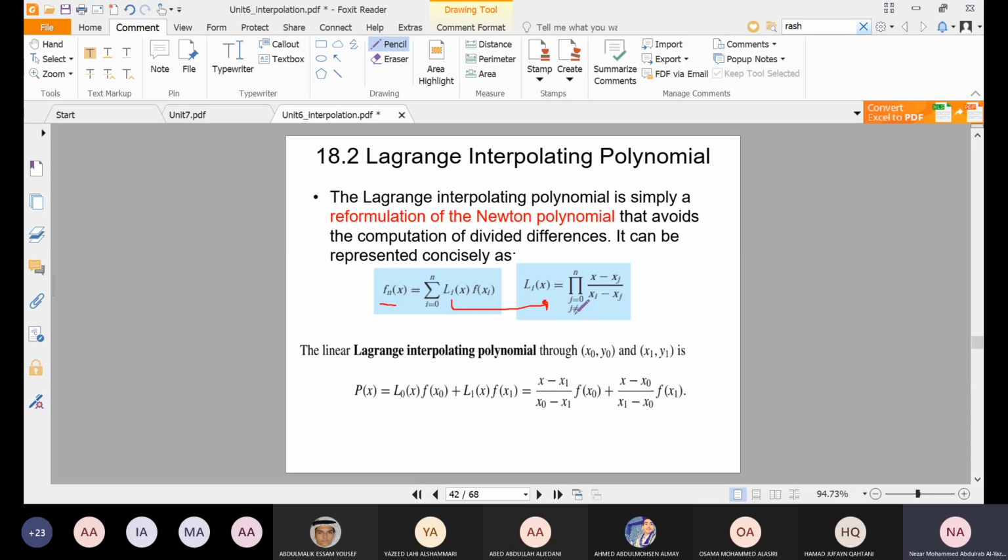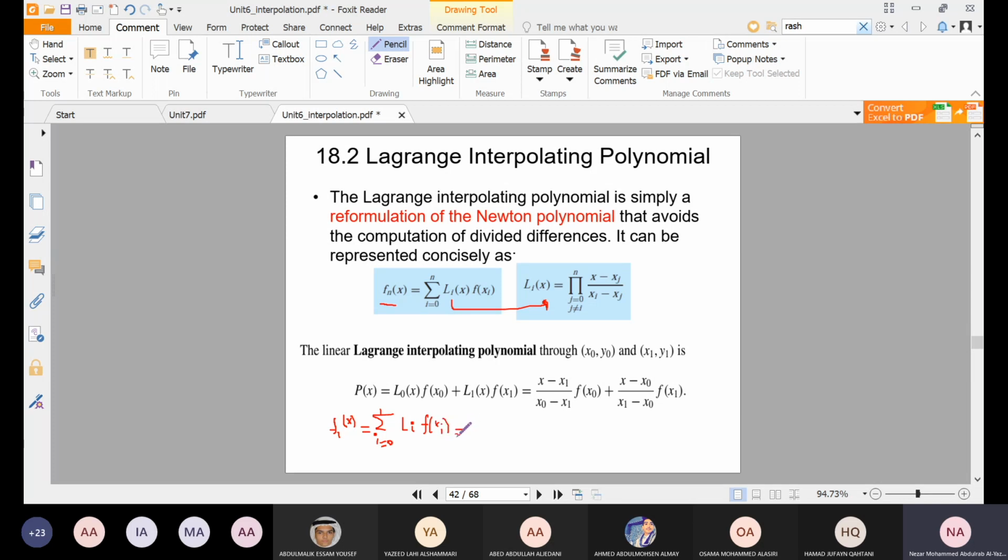So, for example, if you want to find the first order polynomial, we just have f of 1. I substitute 1 instead of n. After that, I will take the summation from i equals 0 to 1 here, and this will be L sub i multiplied by f of xi.